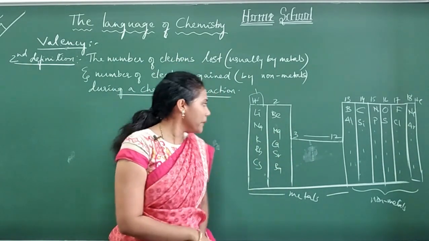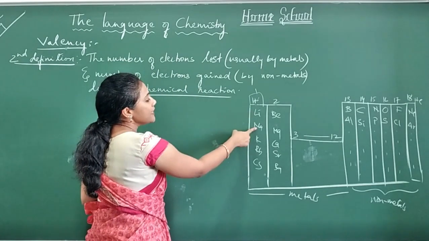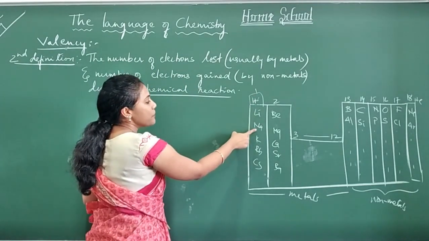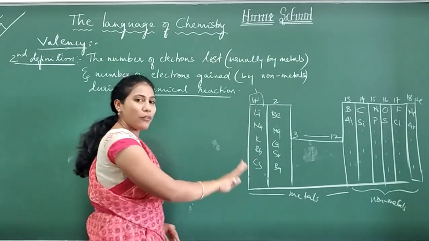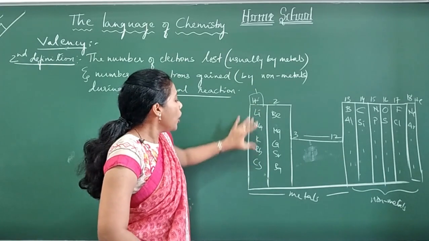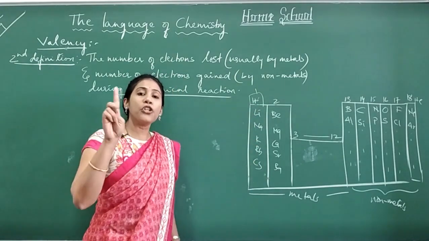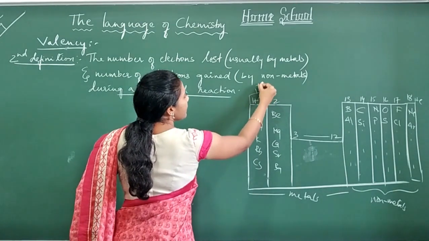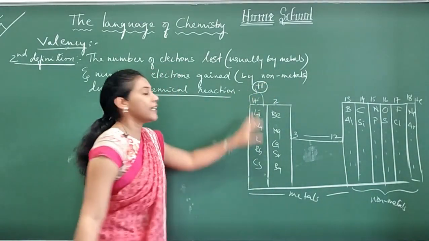Group 1 elements, that is lithium, sodium, potassium, are quite famous actually, and you have to remember them. All these elements will show the valency plus 1.